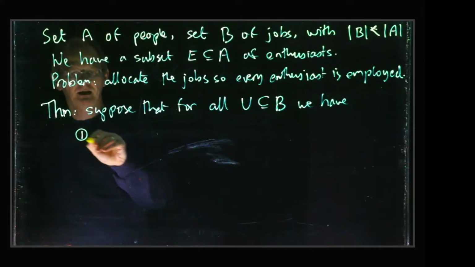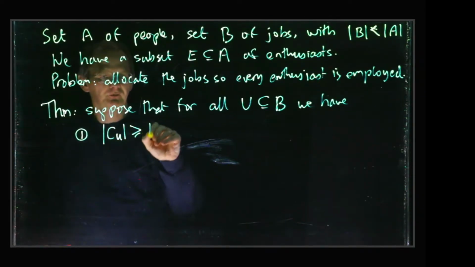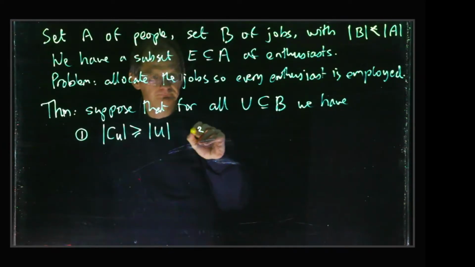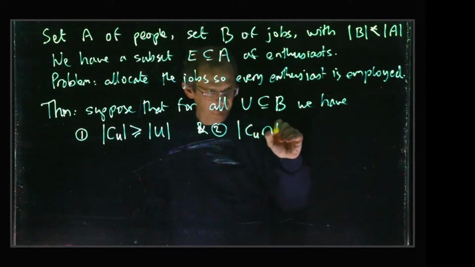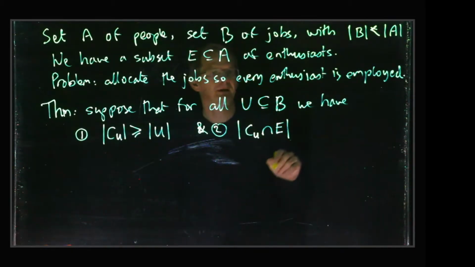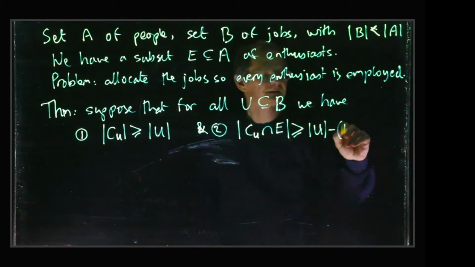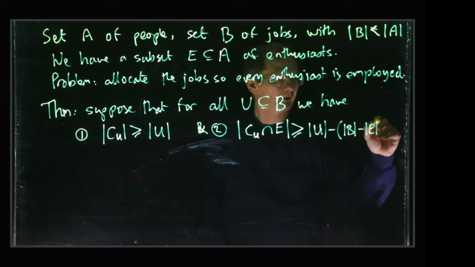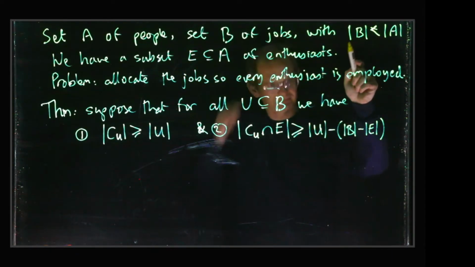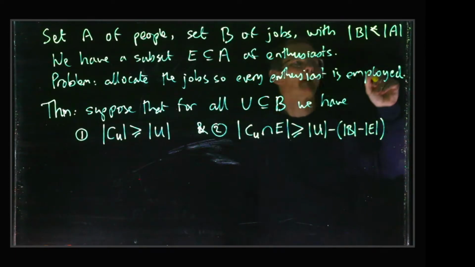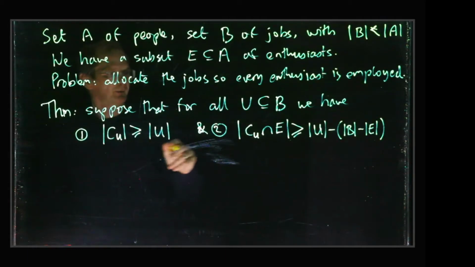Firstly, we've got the normal plausibility condition that we've discussed previously: the number of candidates for U is at least as large as the size of the set U. And secondly, if we just look at the enthusiastic candidates, that's C(U) intersect E, the number of candidates who are also enthusiastic people, that should be at least as large as size of U minus, let's write it like this, okay, so notice that size of B, as I said, is... okay, so you've got B here, and then E is a subset of A, so this one might be positive or negative. Okay, so we've got this condition here.